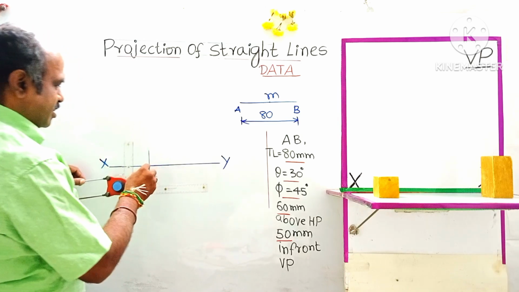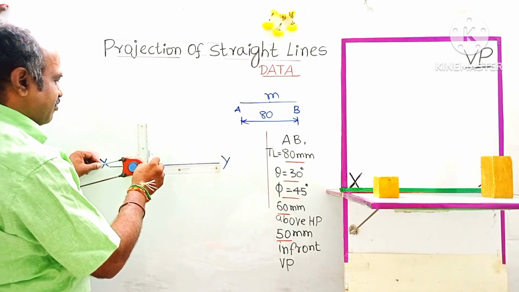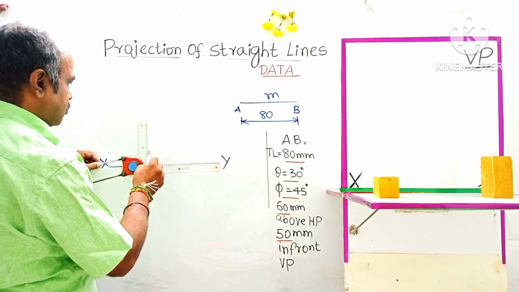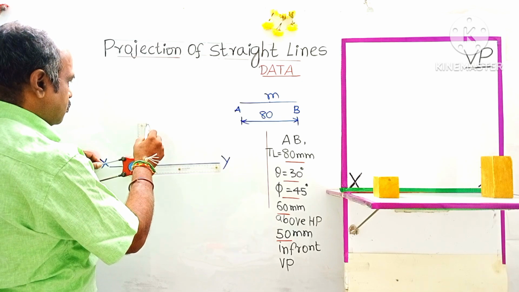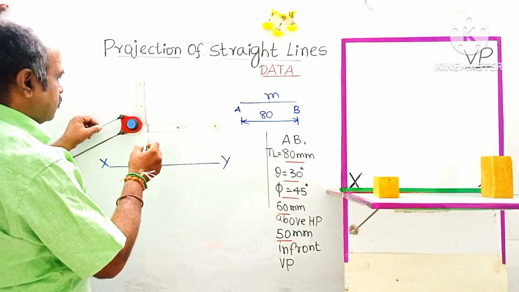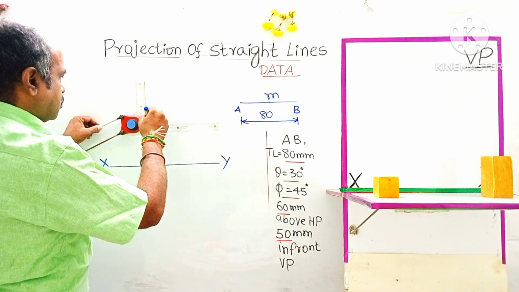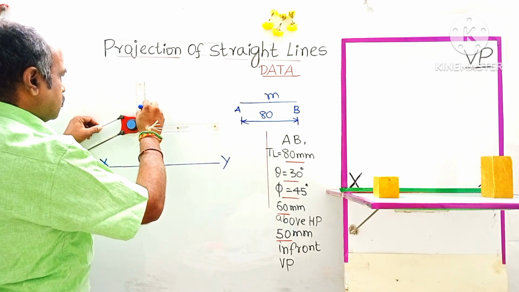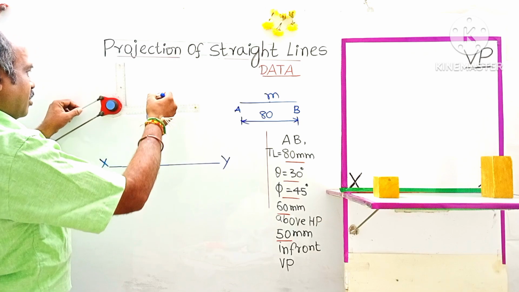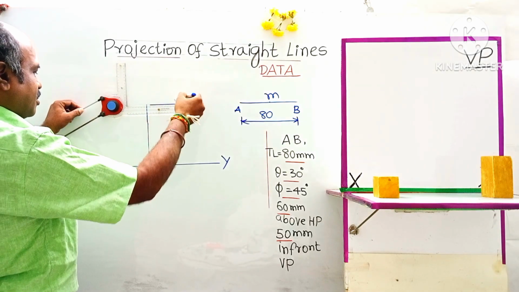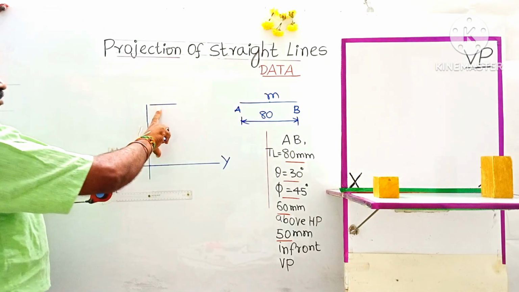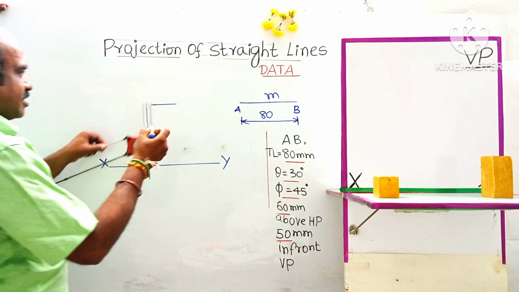From this dot, mark a vertical height of 60 mm. Let this height be dimensioned. This height is 60 mm, 6 centimeters.